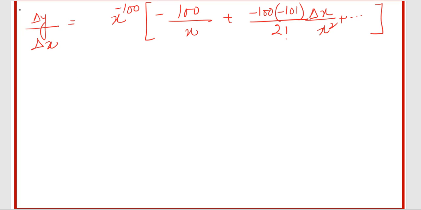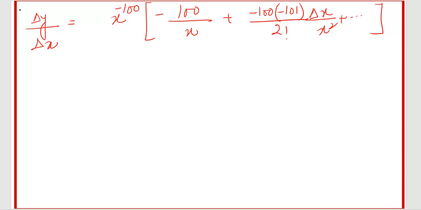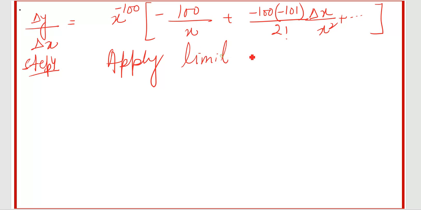I will just check here that I have written delta x square. Yes. Okay, now step number 4 and the final step. Our step number 4 is apply limit. Apply limit on both sides.